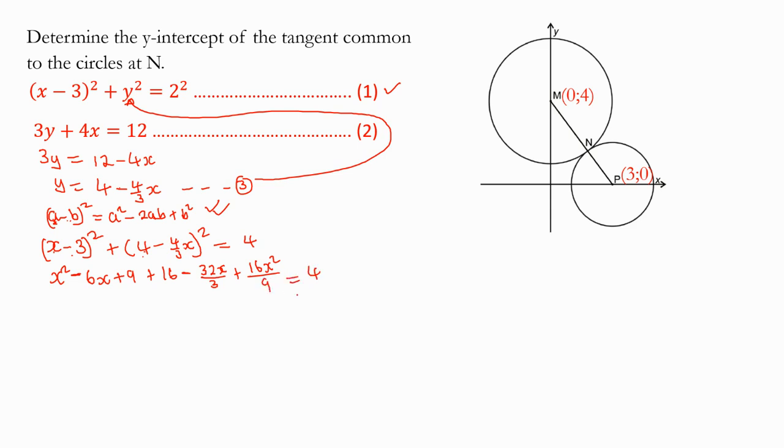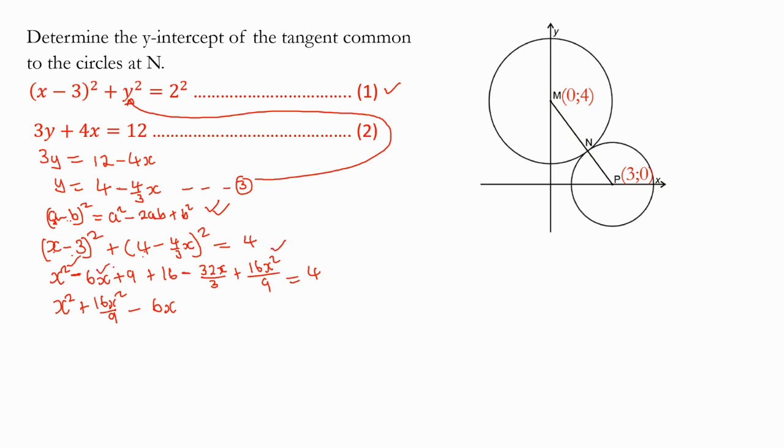Okay, we don't make mistakes here. We collect the like terms, make sure that we don't make mistakes. But you can skip this step if you think you can do without it. Then x squared plus 16 x squared over 9 minus 6x. Okay, we've collected this one and this one.